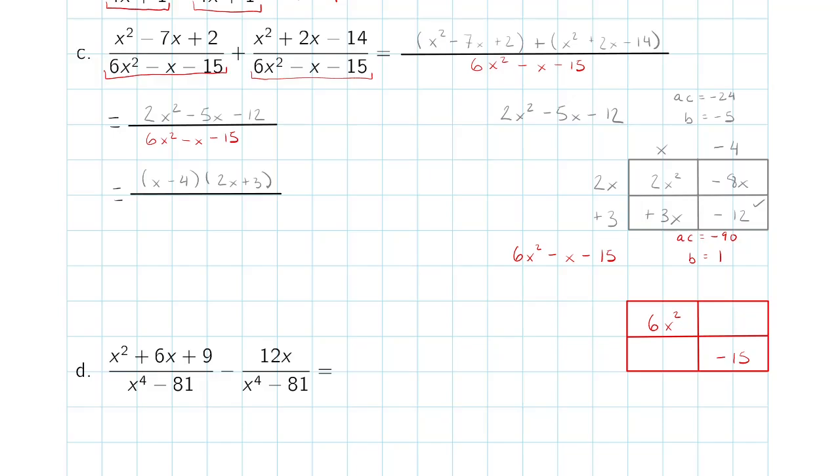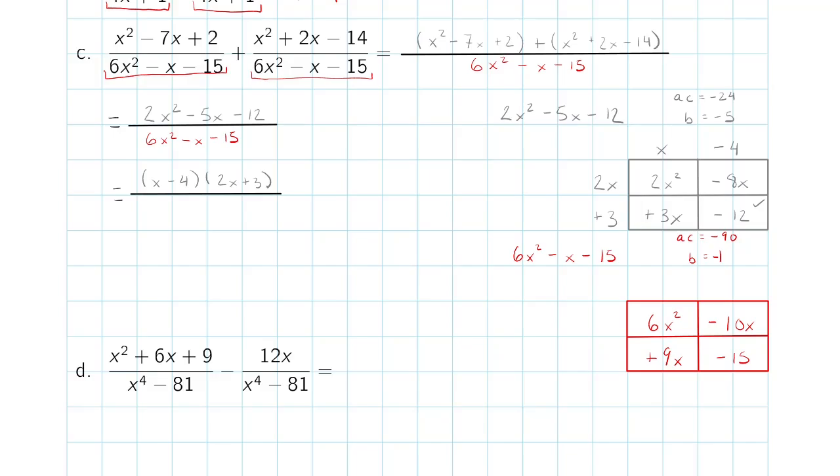We want to split up the middle term using two numbers whose product is negative 90 and whose sum is negative 1. You may spot this immediately, or you may want to use a calculator to help you find it. We'll use negative 10x and positive 9x. Right, negative 10 times positive 9 is negative 90. Negative 10 plus positive 9 is negative 1.